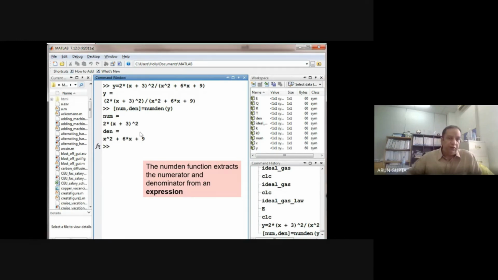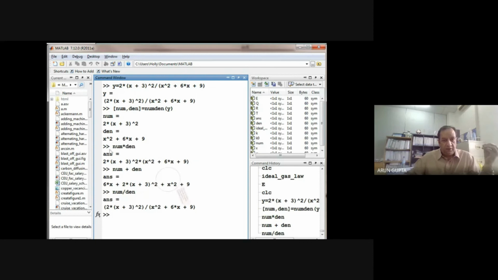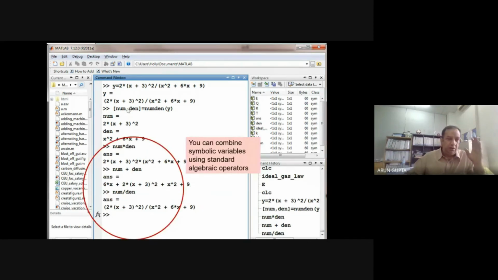In the same way, we can further manipulate these things. The whole equation, we are multiplying, dividing, and adding. Suppose you got the y equation, then you write numden, it will separate num and den.